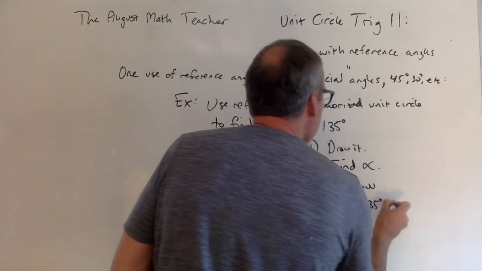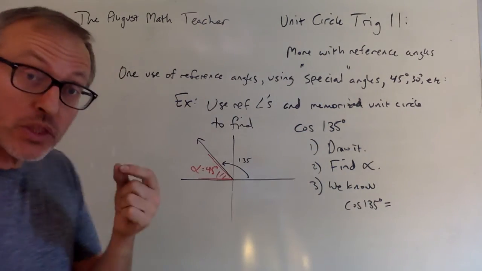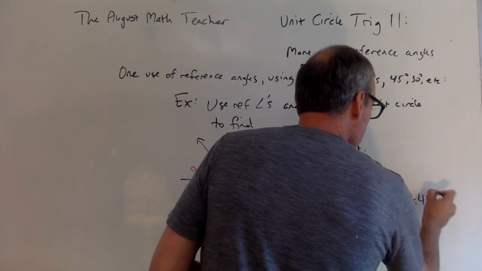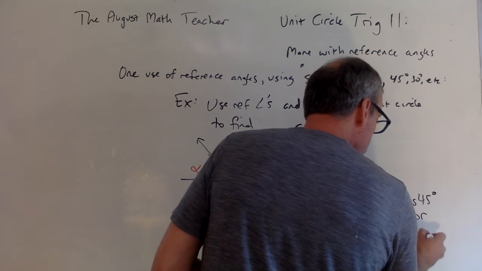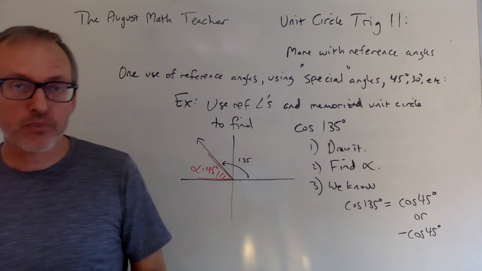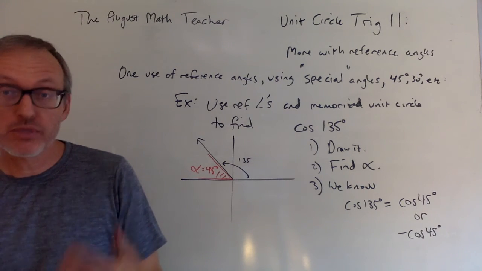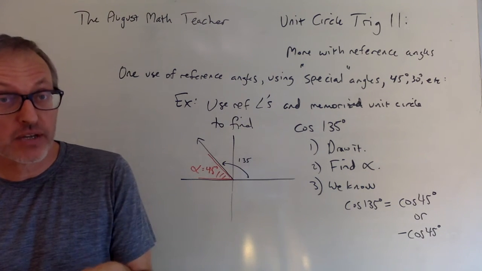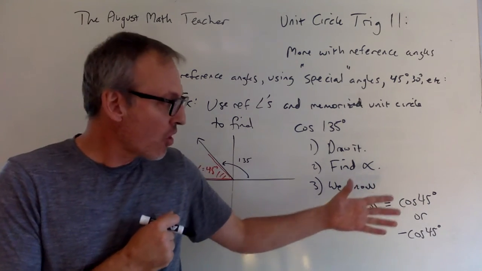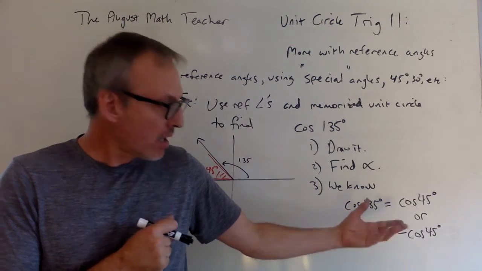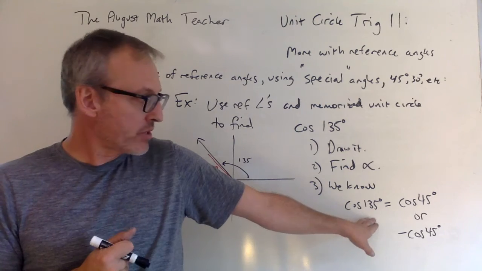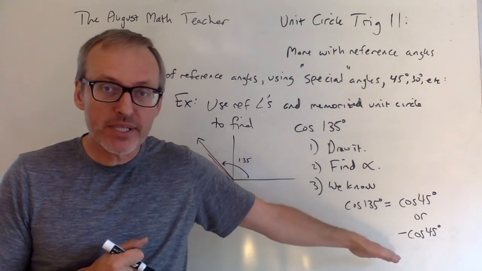Step three is we now know that the cosine of 135 is equal to the cosine of the reference angle or the negative cosine of the reference angle. It's one of those. That's what the last lesson was about: when we find the reference angle for something, the cosines, sines and tangents are always the same number as for the original angle, or they're the opposite.